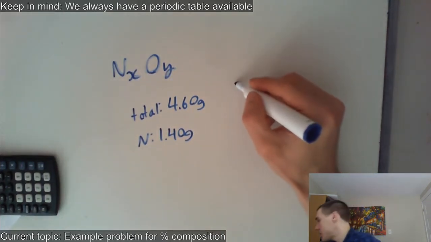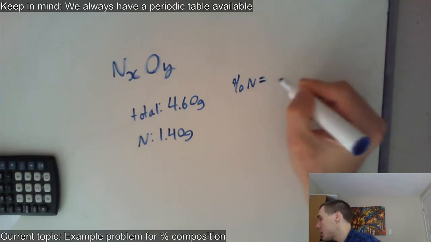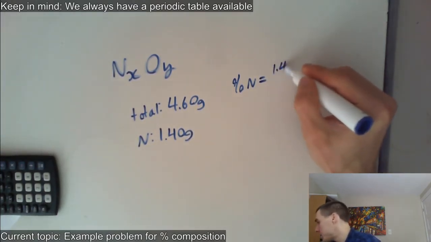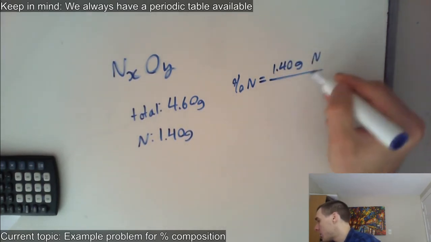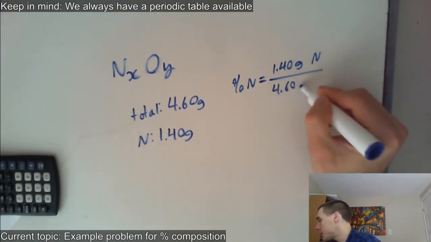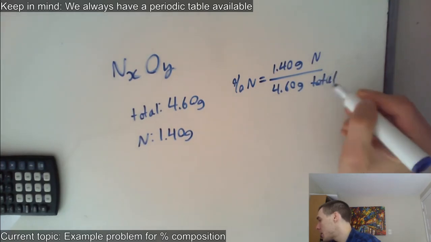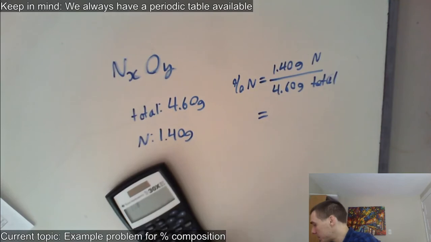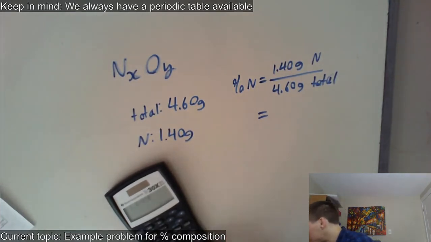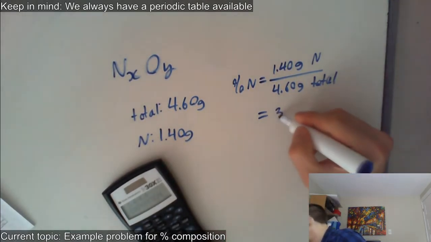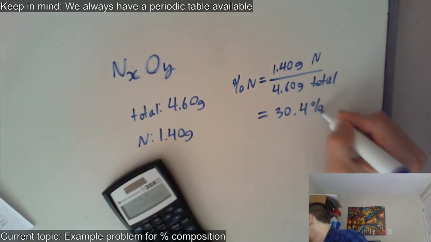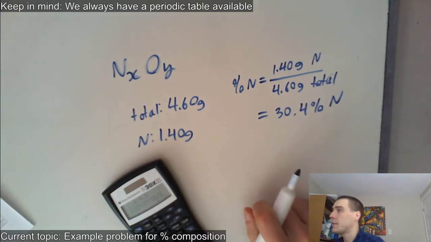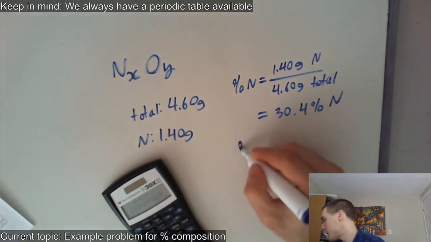Let's work out the percent nitrogen. Percent nitrogen is going to be the 1.4 grams, how much nitrogen we have, over our total, 4.60 grams. 1.4 divided by 4.6 is 30.4% nitrogen. How about the percent oxygen?